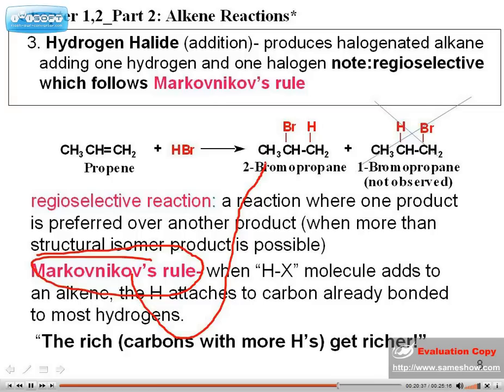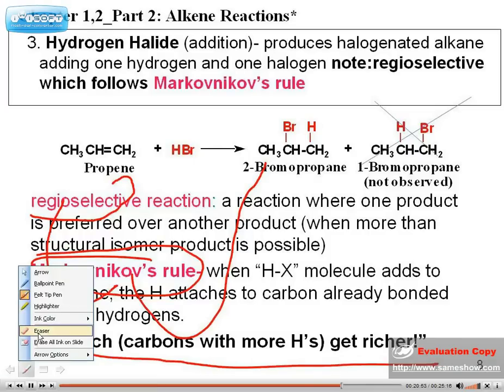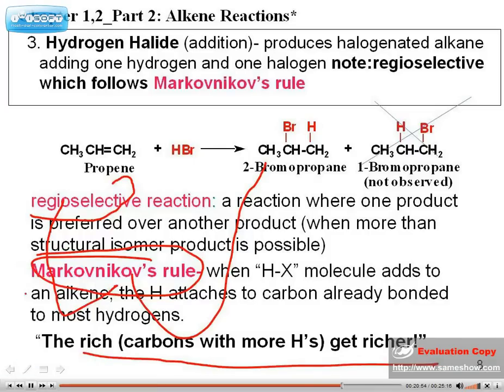Regioselectivity means nature prefers one product over the other. We need to apply Markovnikov's rule. So here's Markovnikov's rule. The rich get richer. Instead of dollars, we're going to be counting hydrogens.